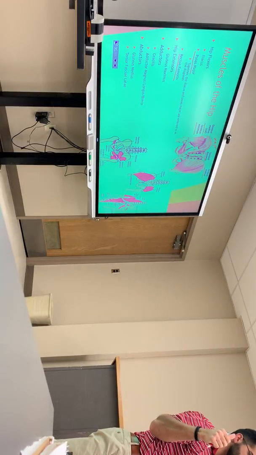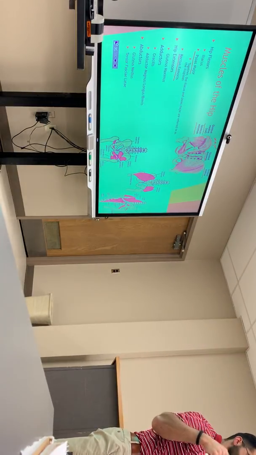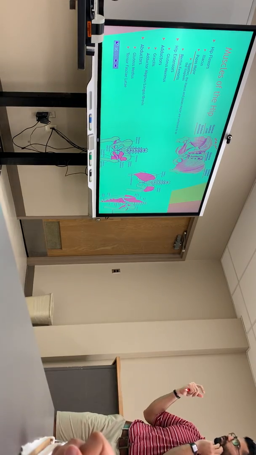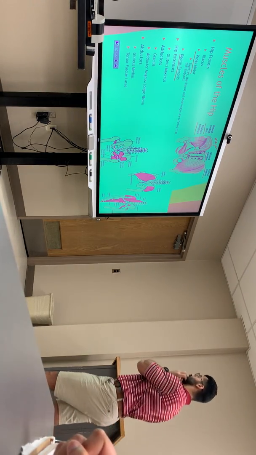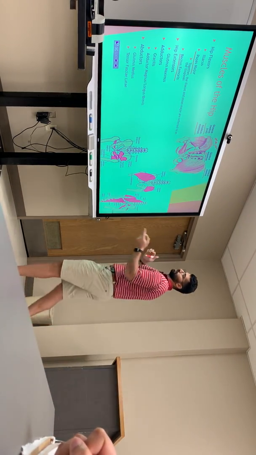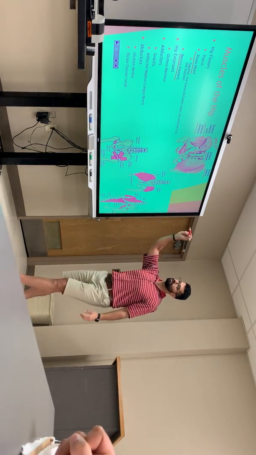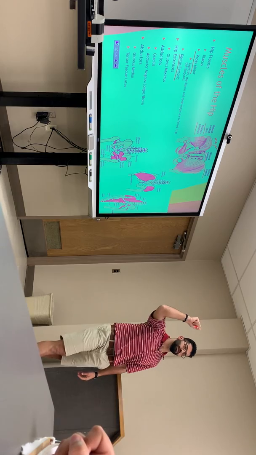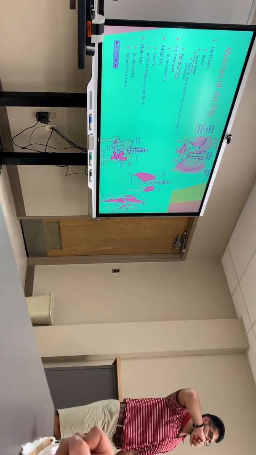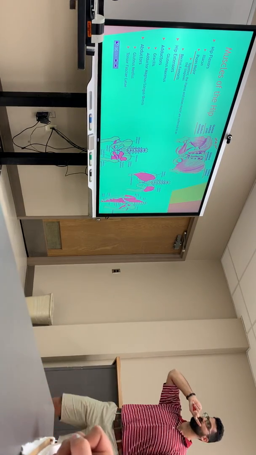Which means the only movement that gluteal muscles have in common is abduction. Because we cannot say extension, because glute major does extension, but glute medius and minimus don't. So abduction is the one.